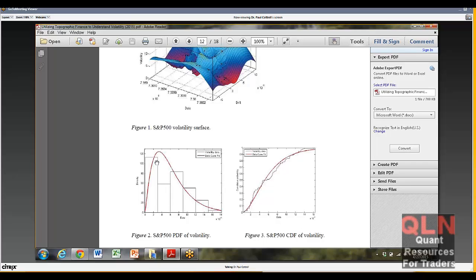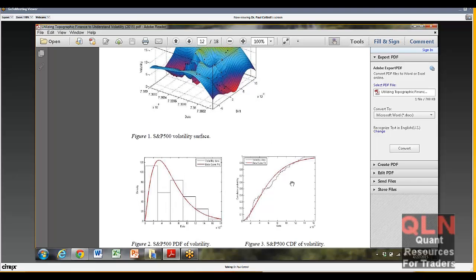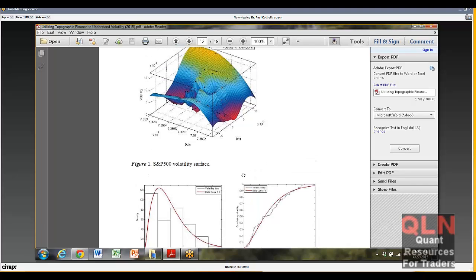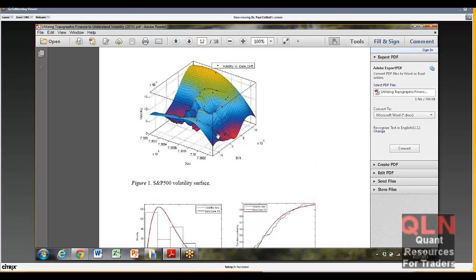But if you're more used to looking at the PDF curve, you could do the same thing. So this is the quantitative measure. This is really a qualitative measure.